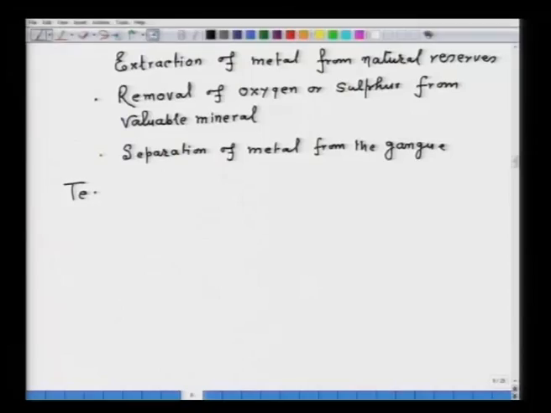And what are the techniques? The techniques of metal extraction. Whatever technique you adopt, these two are the important steps. First technique is pyrometallurgy.